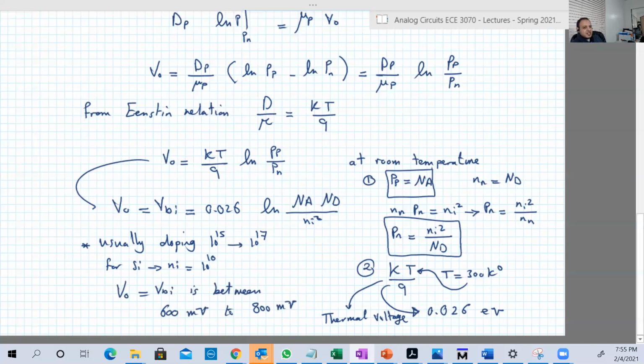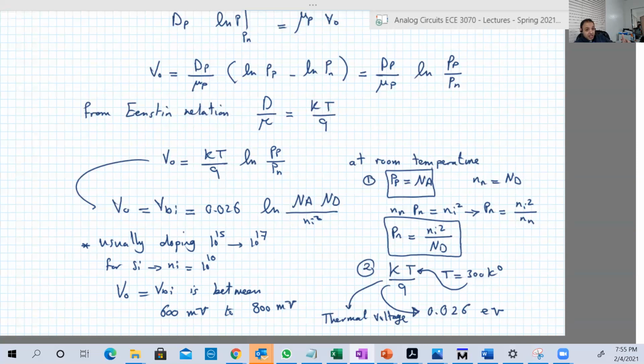On average, 700 millivolt or 0.7 volt, as many people use. And we're going to use 700 millivolt in our course a lot, because it's the average value between 600 and 800.